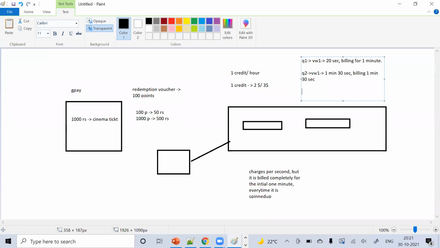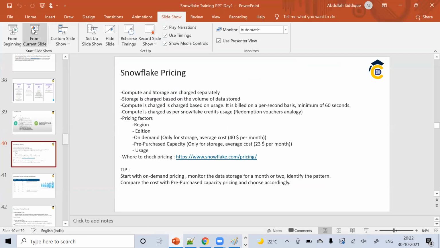So after that, say after maybe 10 minutes, one more query comes, Q3, and it gets assigned to virtual warehouse 1, and our Snowflake background processes turn on this virtual warehouse again to process Q3, and suppose it takes 45 seconds. Okay. So again, it will be billed for 1 minute. So it is always the initial 1 minute which is billed every time it comes up. That's how the billing works for virtual warehouses.